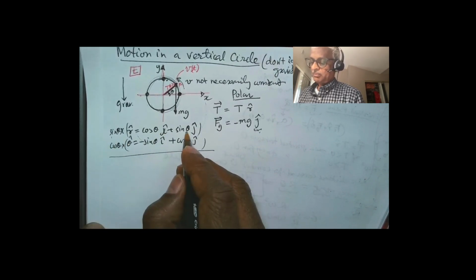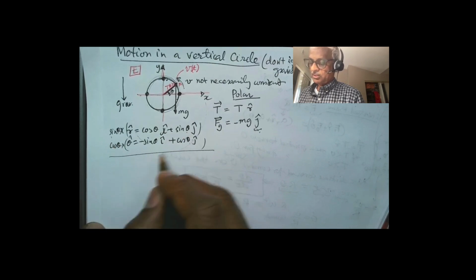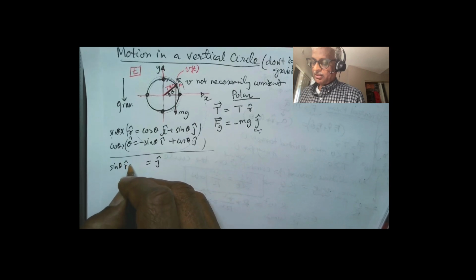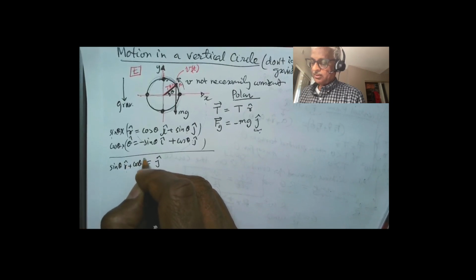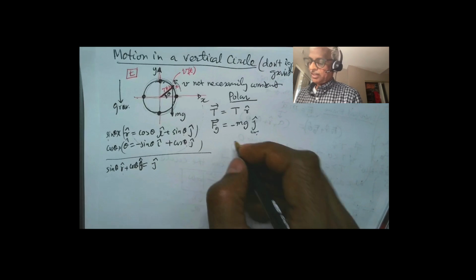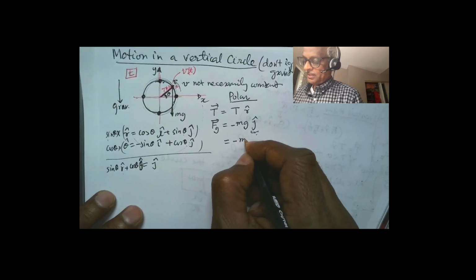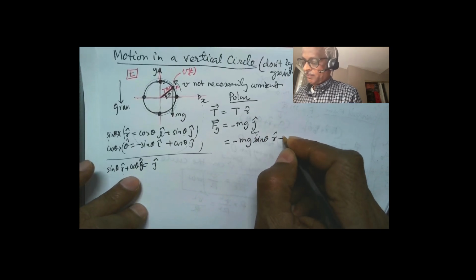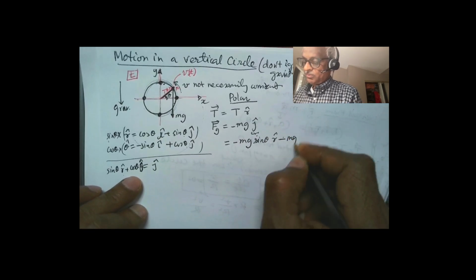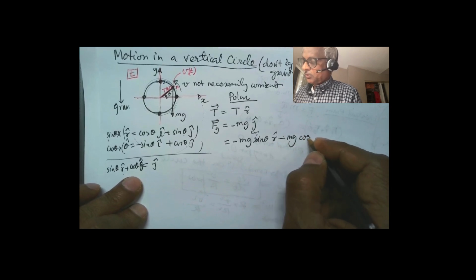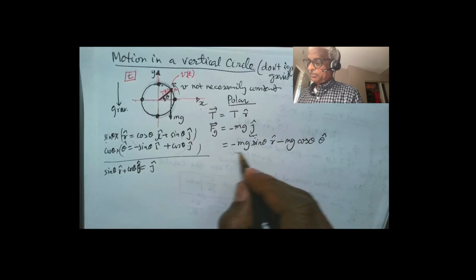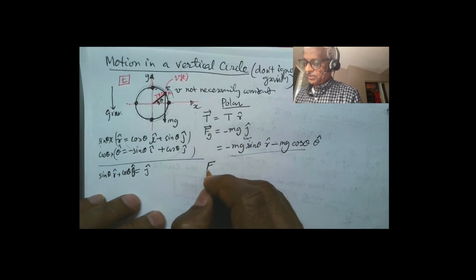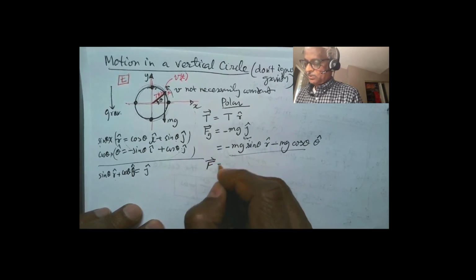This becomes sine square theta plus cosine square theta times j hat, and the other side is sine theta r hat plus cosine theta theta hat. So gravity turns out to be minus mg sine theta r hat minus mg cosine theta theta hat.